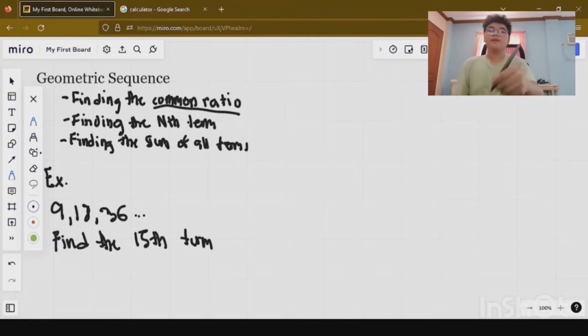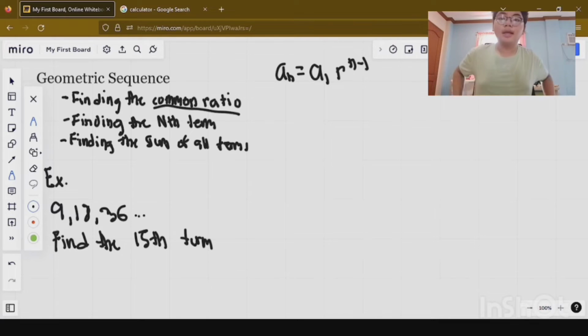Okay, so now this is the formula for finding the nth term. It's a sub n is equal to a sub 1 times r raised to the power of n minus 1. First, a sub n is the 15th term that we're looking for. A sub 1 is the first term in our sequence.